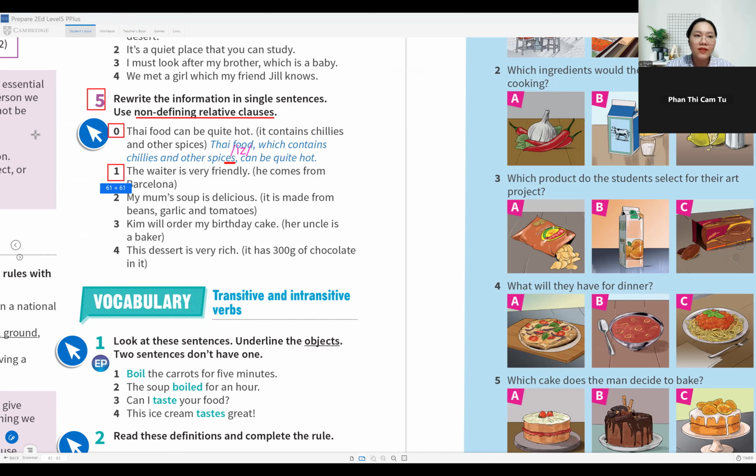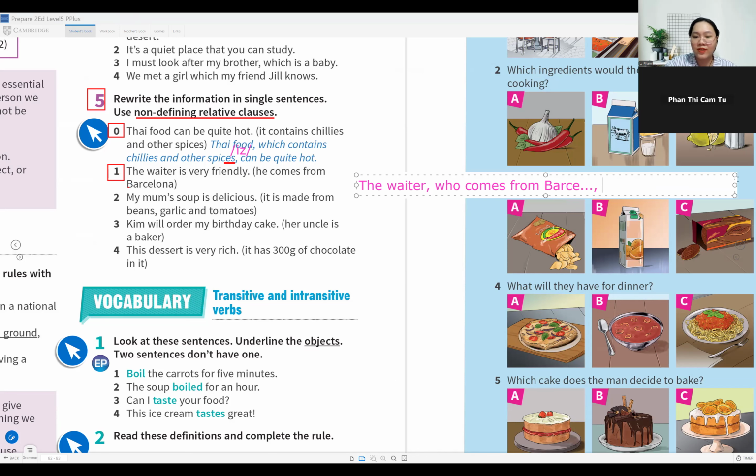And what do you think of number 1? The waiter is very friendly. He comes from Barcelona. The waiter, he comes from Barcelona, is very friendly. Who or he? Okay, got it. The waiter from Barcelona is very friendly, right?